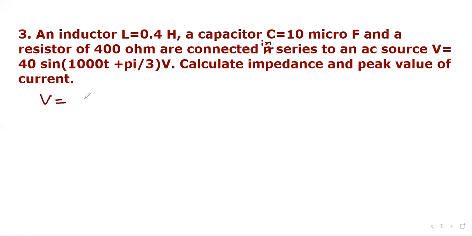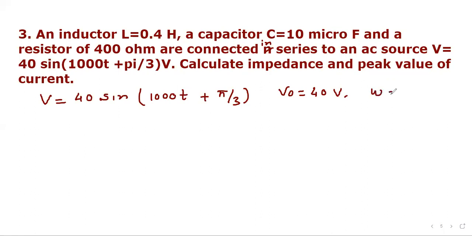We are given V equal to 40 sine 1000 T plus pi by 3. So we can say V0 is peak voltage 40 volt and omega T is 1000 T, so omega equal to 1000 radian per second.